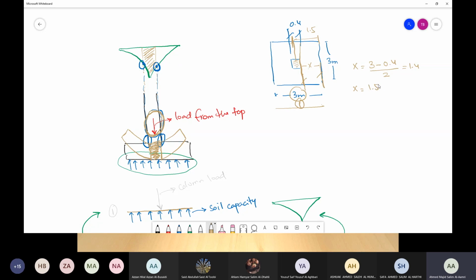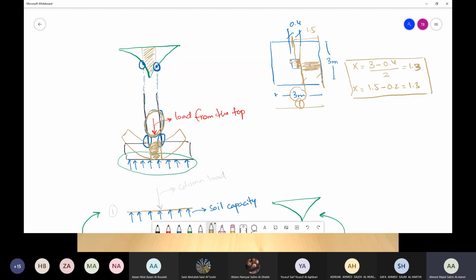So 1.5 meter minus half of the column here, which is 0.2, is 1.3. So both methods are fine. You can calculate it using any method. Now you can see that this distance when it comes to x is equal to 1.3.